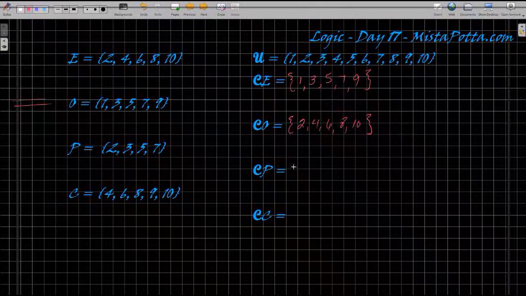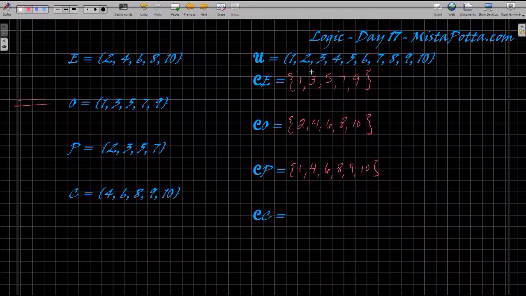But if I ask for the complement of P, what's missing from P? A 1, a 4, a 6, an 8, a 9, and 10.